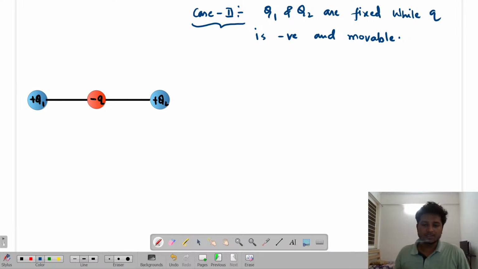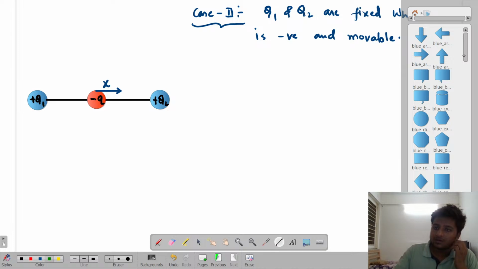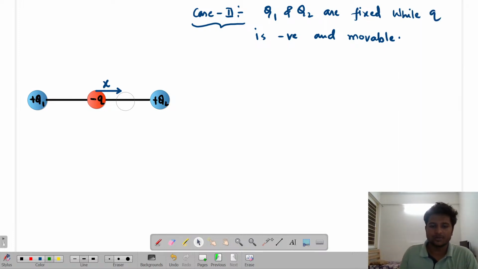Now what will happen? Let's suppose I do a very small displacement in it. What is going to happen when the charge comes over here? Let me just draw. When the charge is over here, what is going to happen?